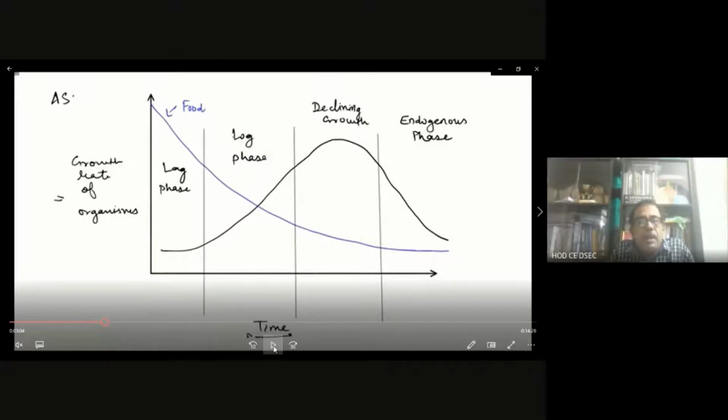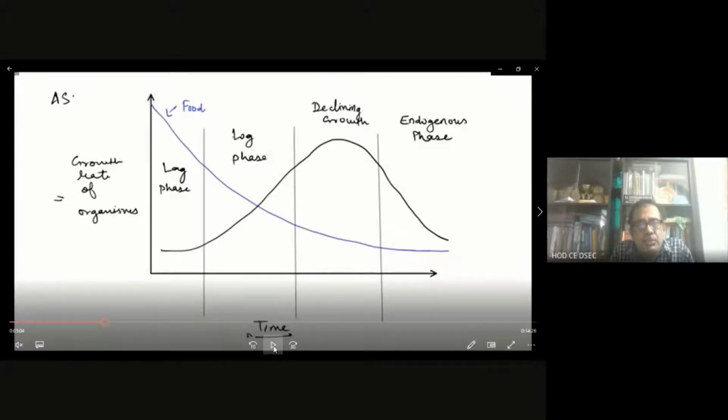Moreover, at the initial time of the treatment, there will be some time where the biomass will take time to adapt to the food, and that is called the acclimatization process. Acclimatization means the time required by the biomass to adapt to the condition to take the food, the organic matter. That period is called the lag phase, the initial phase.